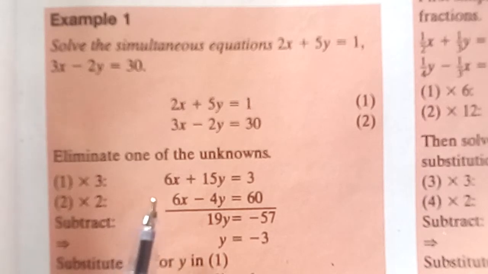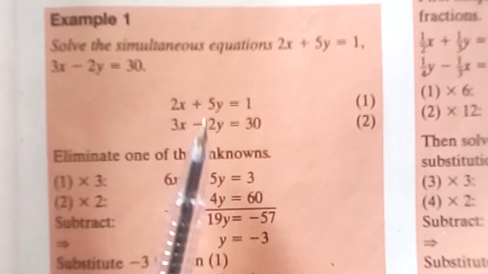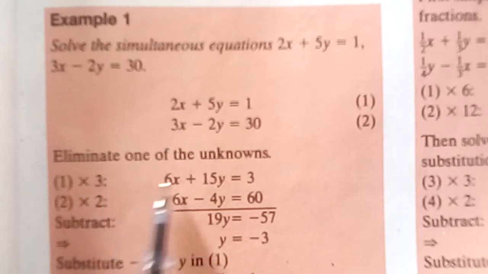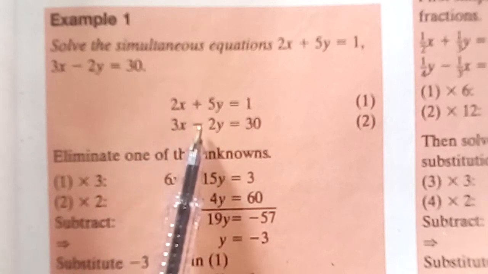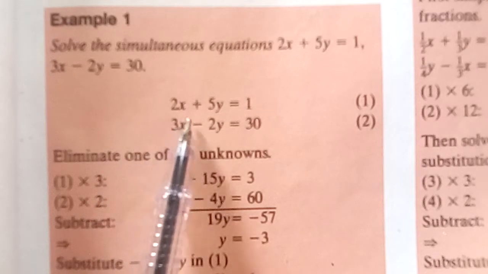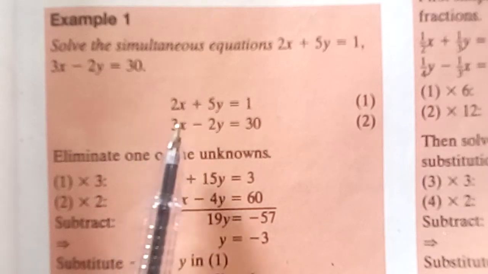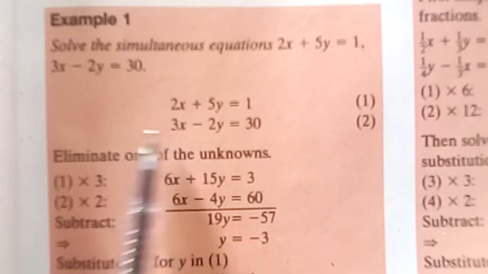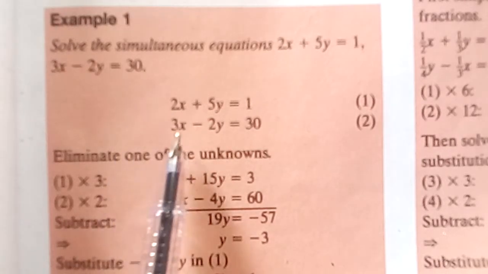Now this is equation 1, this is equation 2. From equation 1 and equation 2, we want to make the coefficient of x the same. So we want to make the coefficient of x to be 6 and 6. So we multiply this by 3, we multiply this by 2.